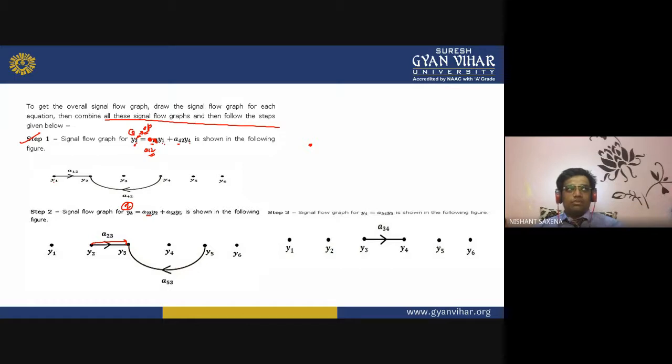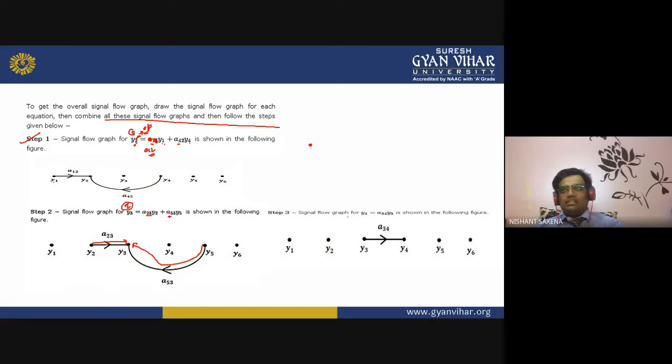The gain is from 2 to 3, so we are moving from this side to this side, and another gain is a53, so we are moving from node 5 to node 3. Is this clear? I hope this is clear to you.